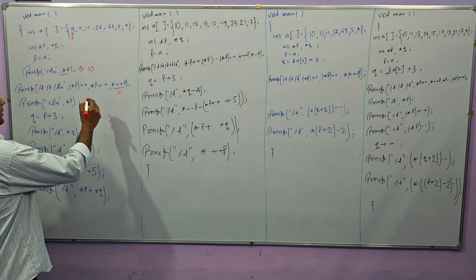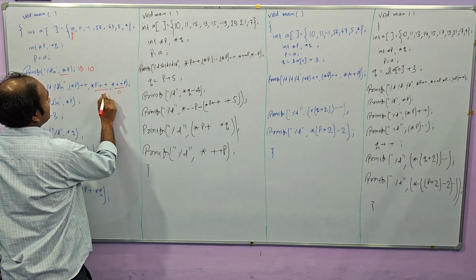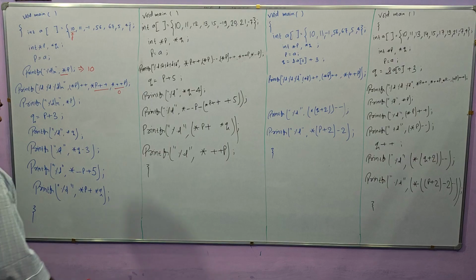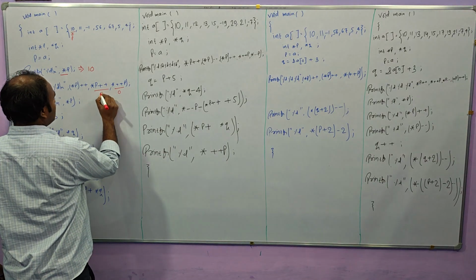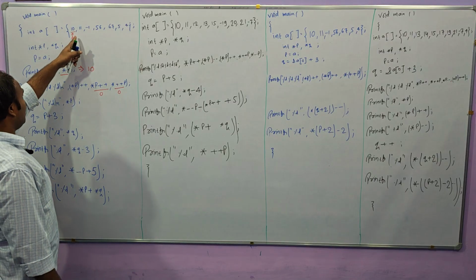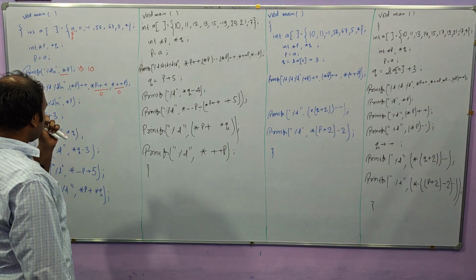Now in this case, firstly the value is used and it gives 0, and now it points to 10.